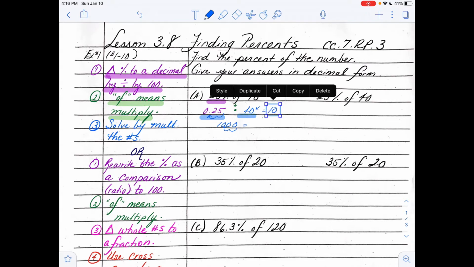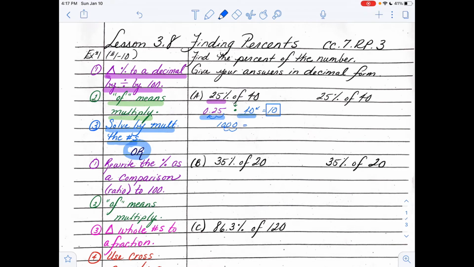Simple multiplication problem. But you know that there's always more than one way to do a problem. So we solved that one by just multiplying the numbers together, but there's another way we could do it.